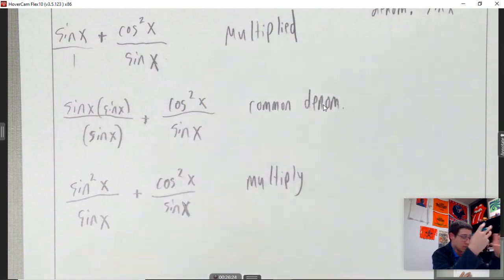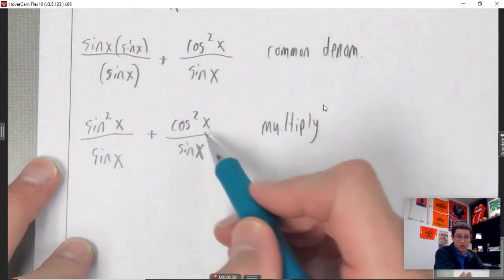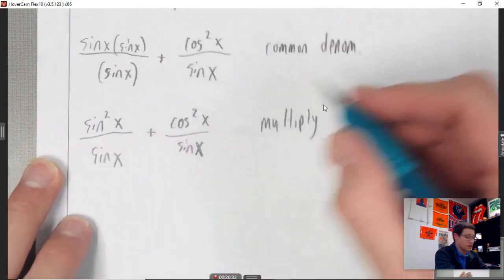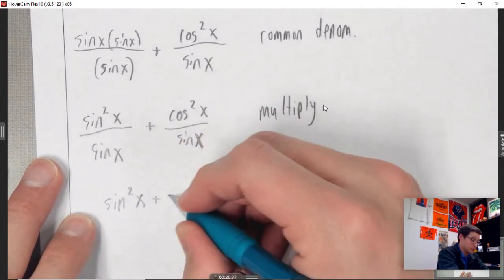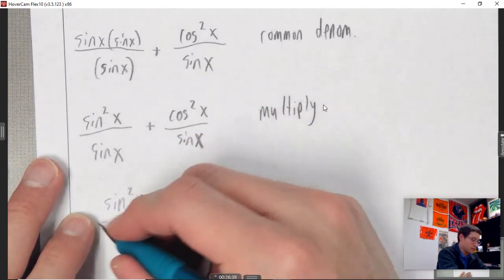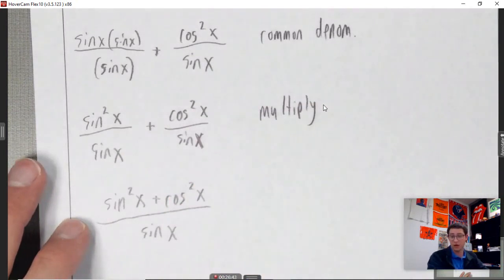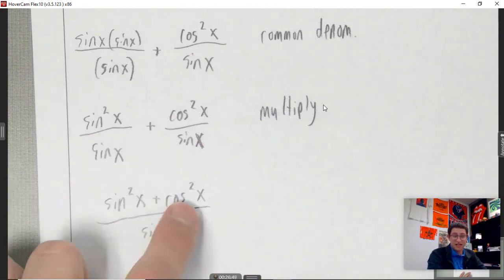But first, let's just add, because we have the same denominator. Sine squared of x plus cosine squared of x, all over sine of x. From here, we should see that's your classic Pythagorean identity.